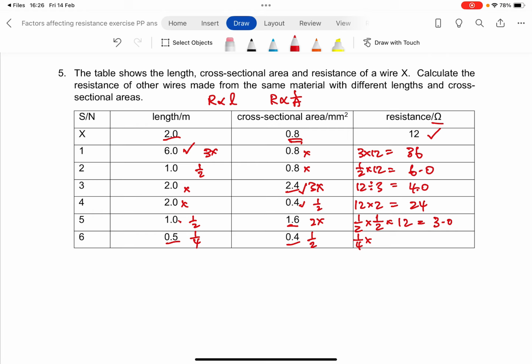Then for the area, 1 over half is 2, right? So 1/4 times 2 times 12, right? You get 6. Am I right? Divided by 2, yeah. Okay.